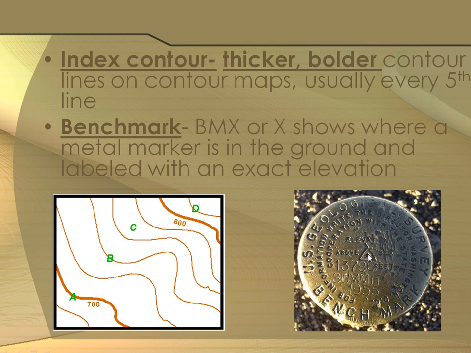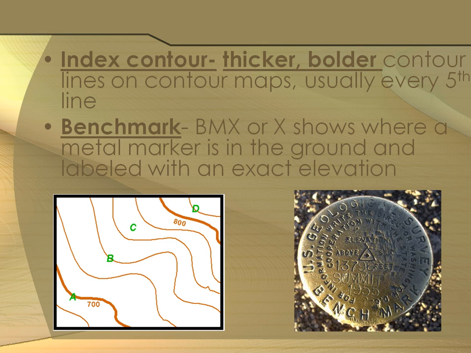There's one of these on George Mason University's parking lot. What happened was, when the Geological Survey was originally going around mapping the United States, they didn't want to have to measure all the way from the ocean every single time. So they went to specific locations and recorded that location's exact elevation.